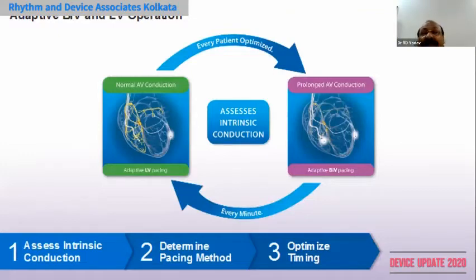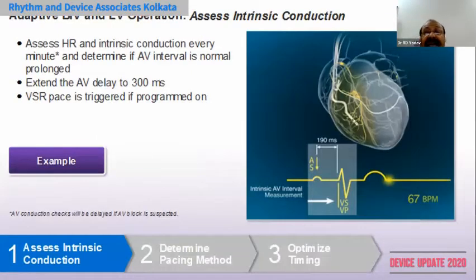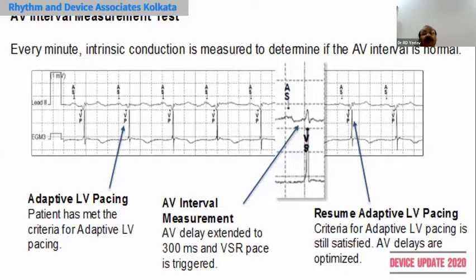Anything more? I think the rest is only examples which have been shown here. Another thing: every minute it tries to see the AV interval, but where AV conduction occurs, if it checks only every minute, then in 24 hours many minutes will not be paced. So what it does, there is a V-sense response, very important.